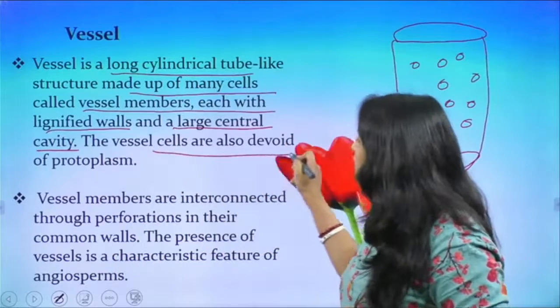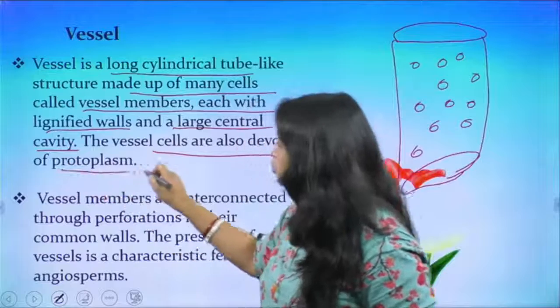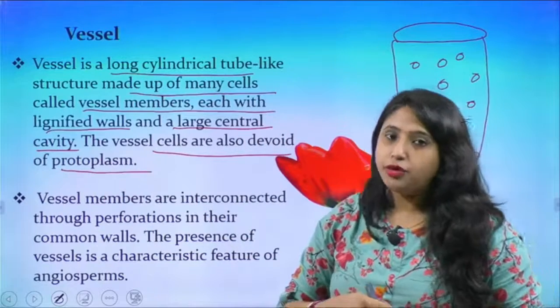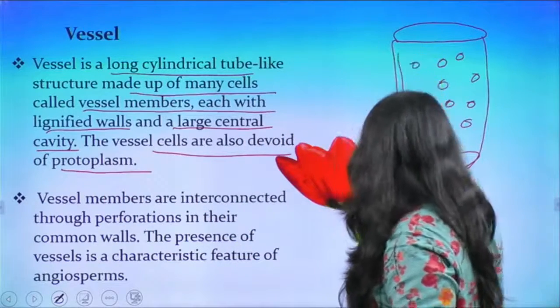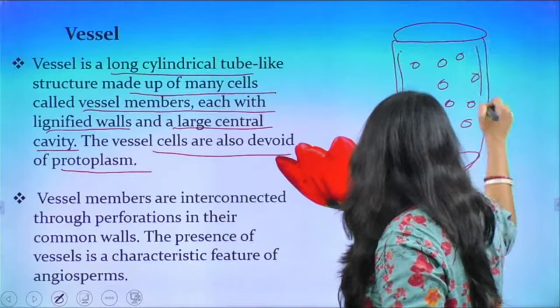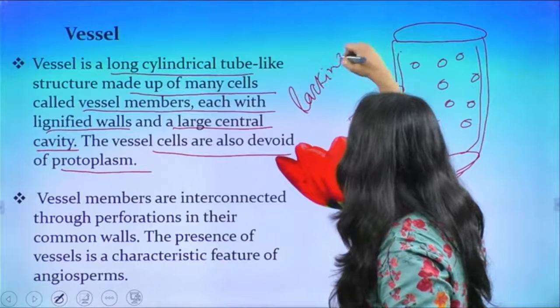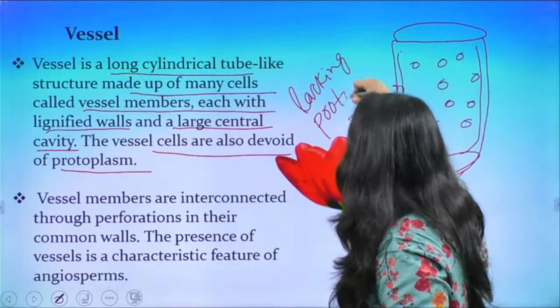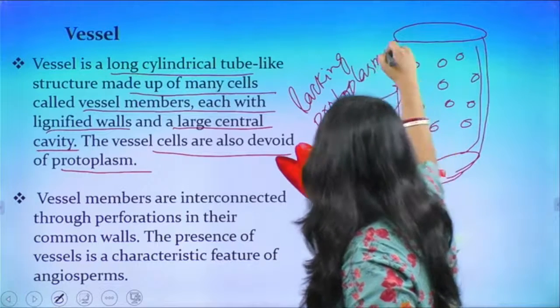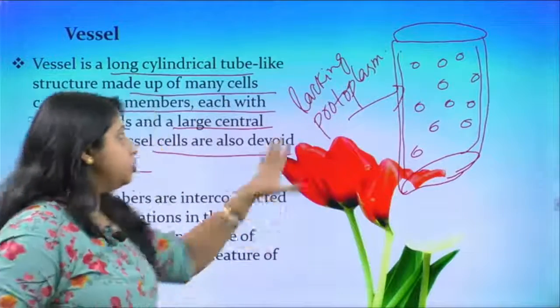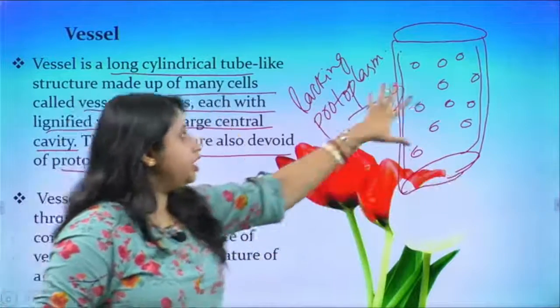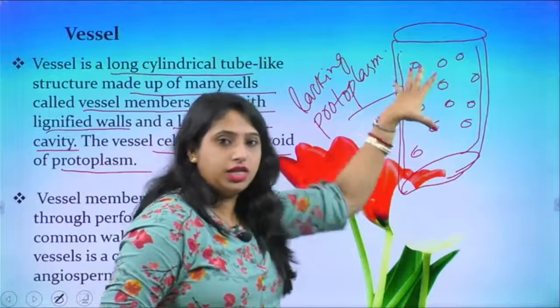The vessel cells are also devoid of protoplasm. They lack the protoplasm, and they have a large cavity here.